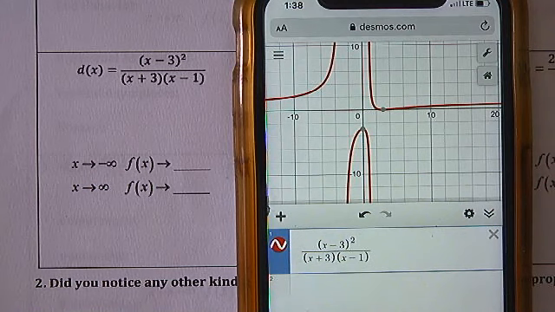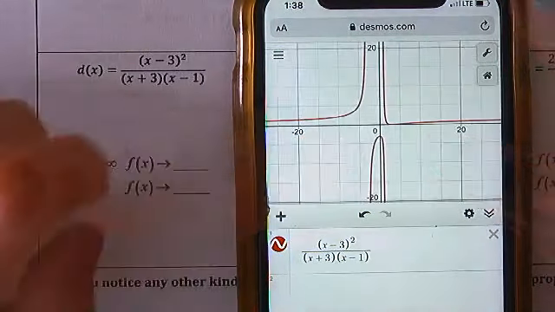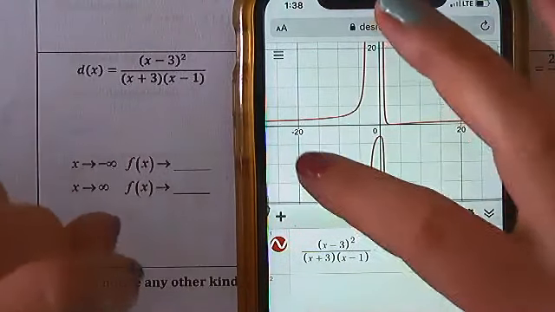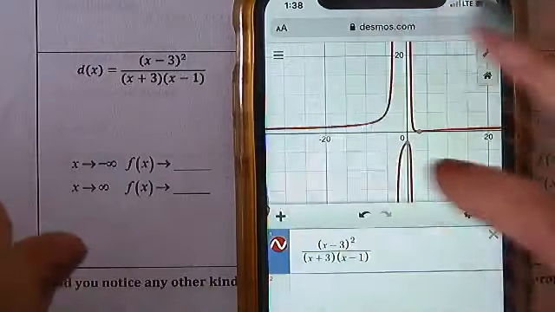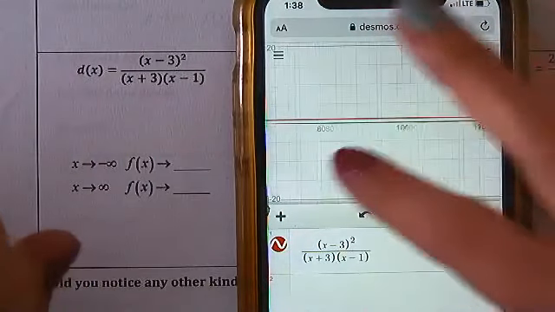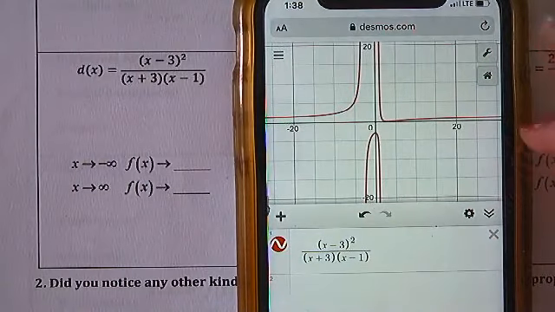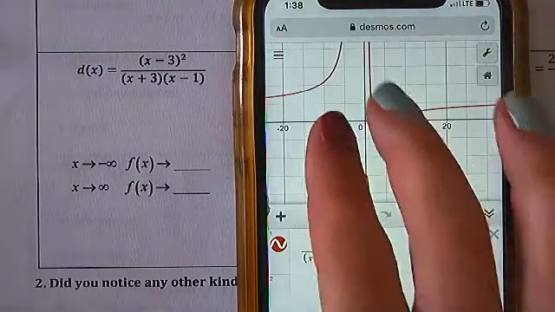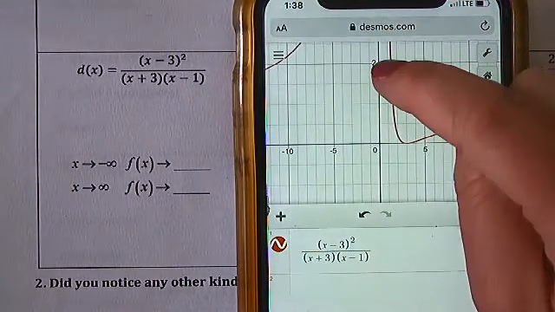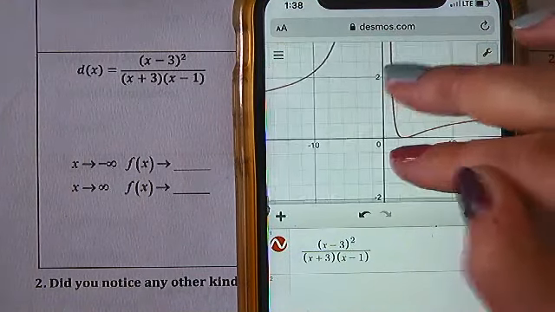Okay, so here is letter D. Again, kind of crazy, but let's just look at the far left and the far right. So it doesn't look like to me it's approaching the x-axis, right? It's not getting closer and closer to 0. It's getting closer and closer to a number pretty close to 0. So let's zoom in a little bit. So there's 2, so that means that 2 boxes is equal to 1 unit, right?